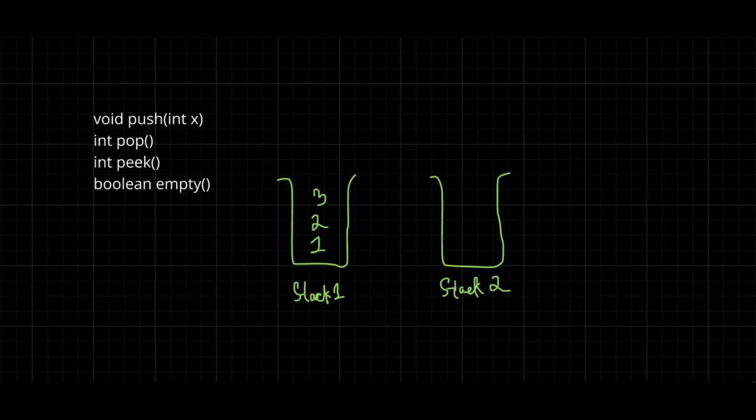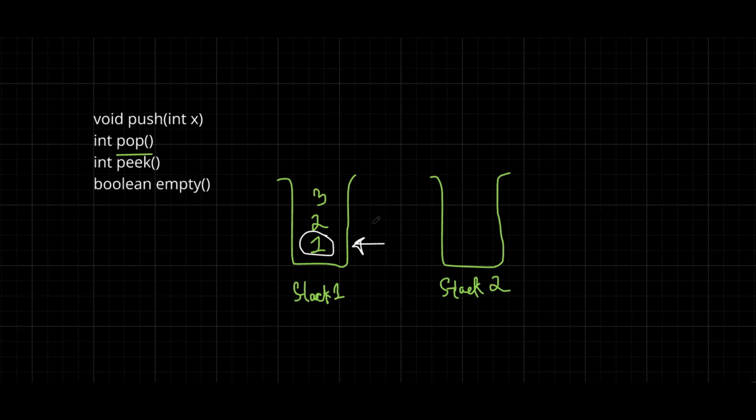Now we have to implement the pop method. It is a little bit tricky because in a queue, pop is first in, first out. So here element 1 appears first, so we have to remove element 1. But wait, 1 rests at the bottom of stack 1, and we cannot remove the bottom element from a stack.